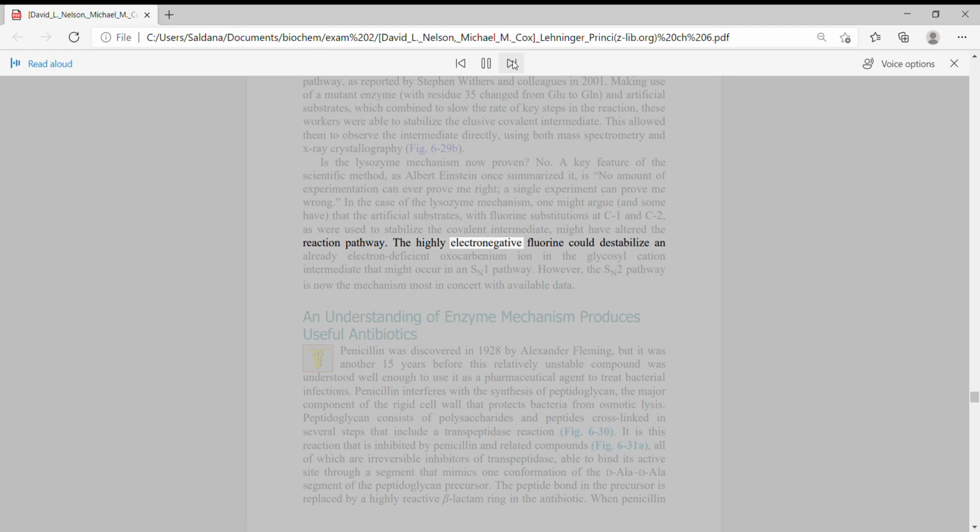The highly electronegative fluorine could destabilize an already electron-deficient oxocarbenium ion in the glycosyl cation intermediate that might occur in an SN1 pathway. However, the SN2 pathway is now the mechanism most in concert with available data.